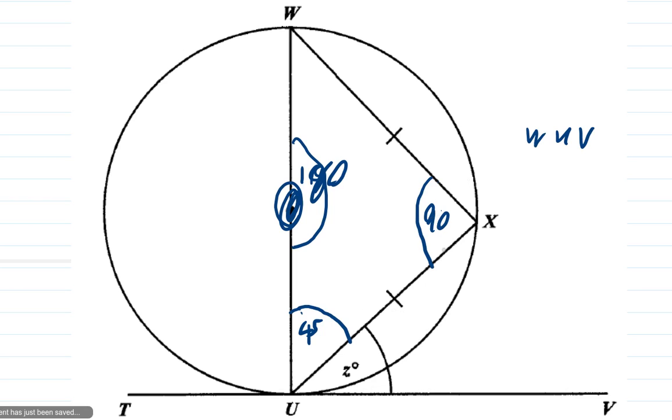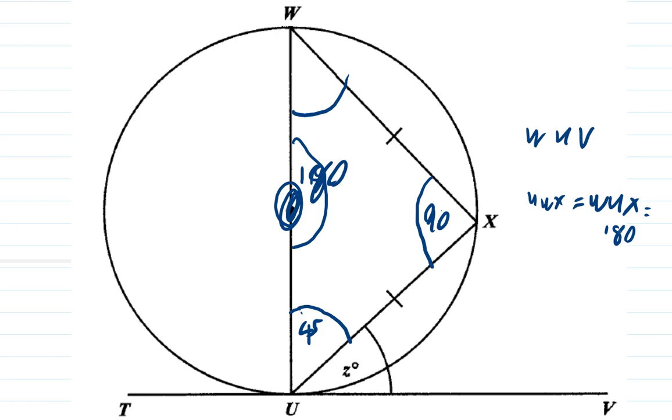If this is 90, then you consider the total angle in a triangle, which must be 180. So UWX plus WUX plus this angle must equal 180 degrees.